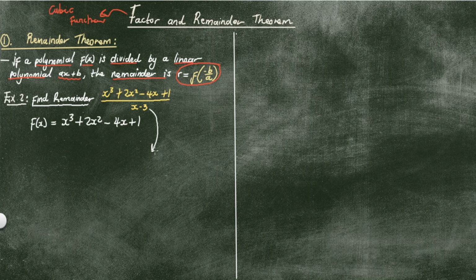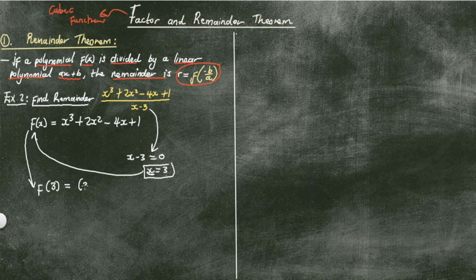We take this, what we are dividing with, equate it to 0 and solve for x. X is equal to 3 in this case. Then we take this and substitute it into f of x. F of, where there's x, I'm gonna substitute what? 3. I'm replacing x everywhere with a 3.